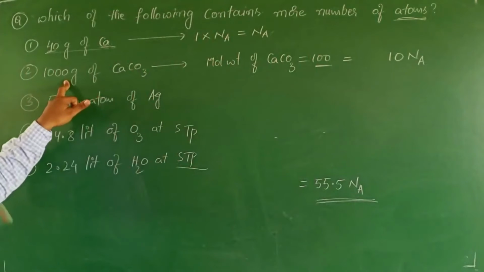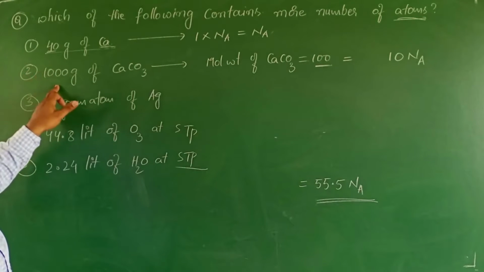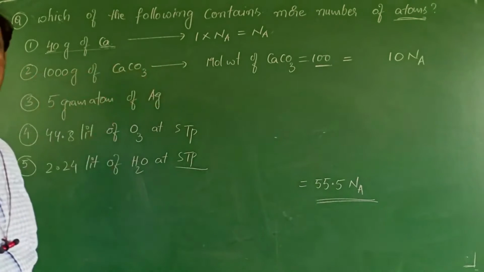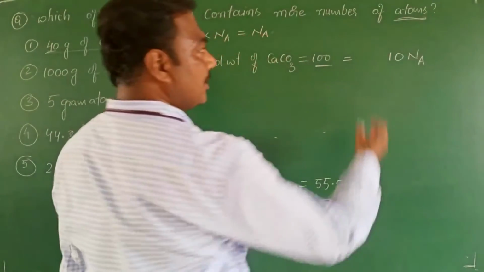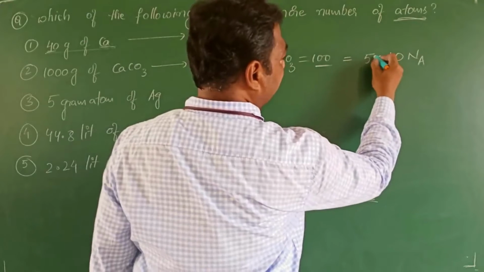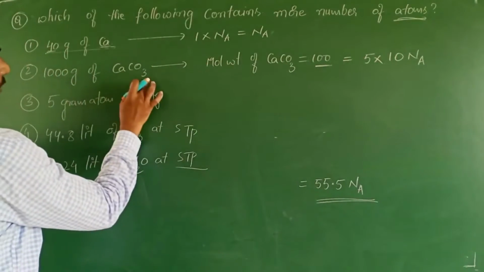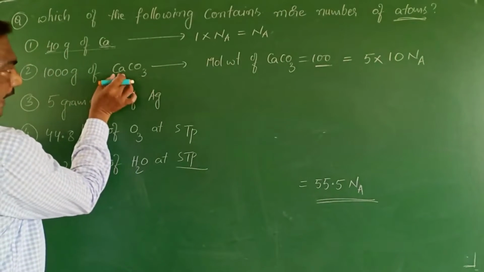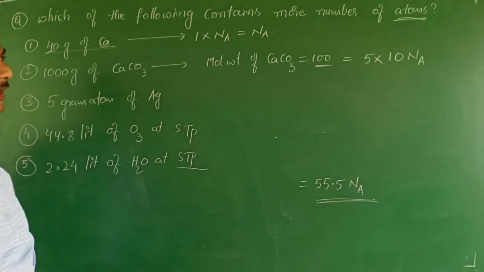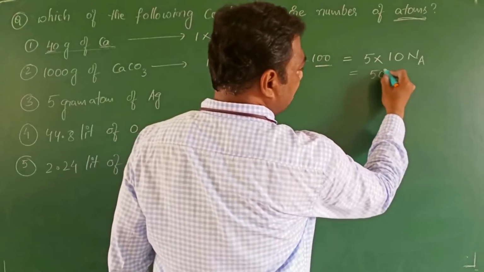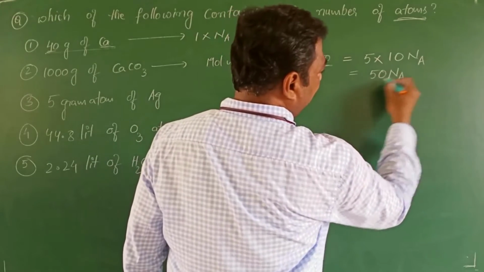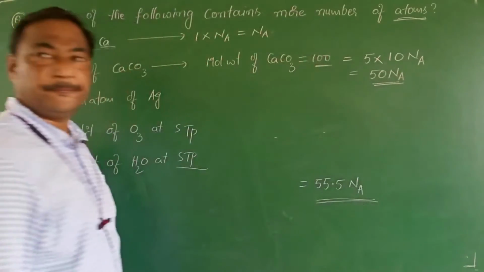I am speaking with respect to molecules. 10 into Avogadro number of molecules. But here our question is regarding atoms. I'll take 5 here, because one molecule contains 1 calcium, 1 carbon and 3 oxygen. Therefore, total number of atoms are 50 into Avogadro number.